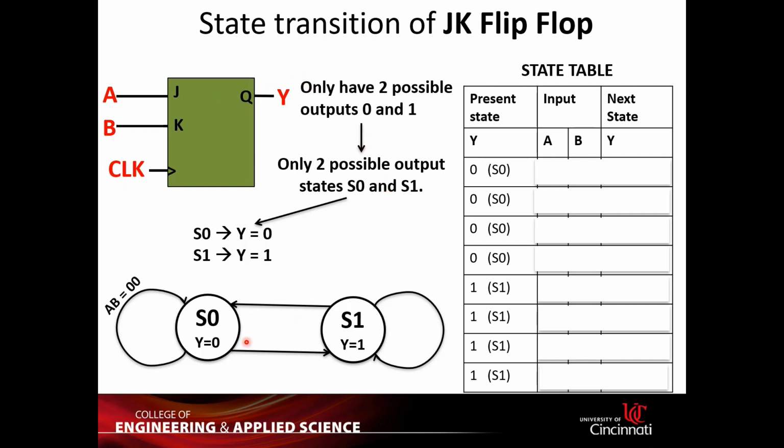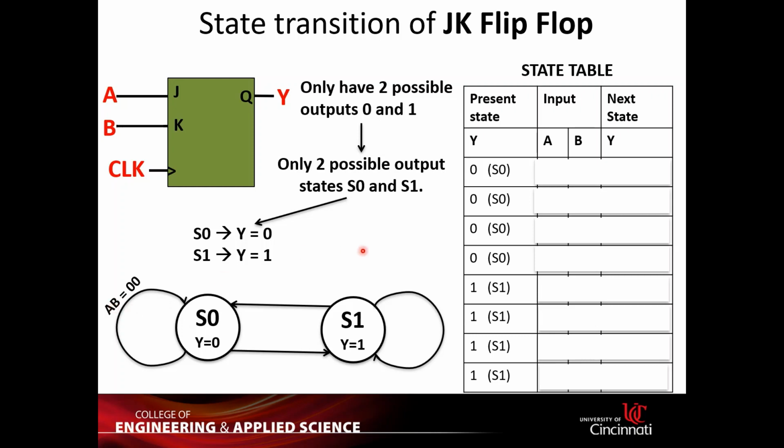For example, let's say we start at the first state here, which is S0, and you know that the output is 0. If both A and B equal 0, what is going to happen?